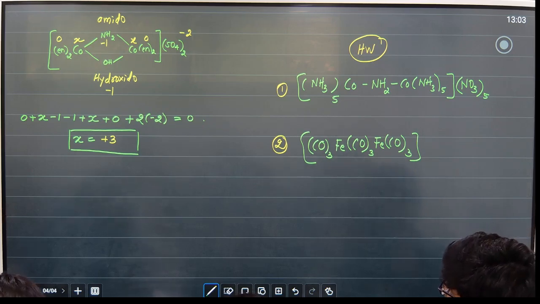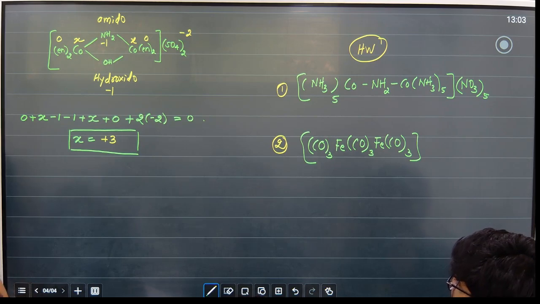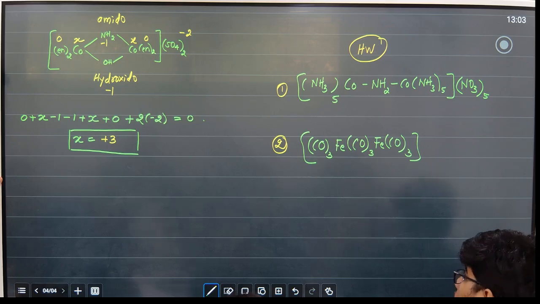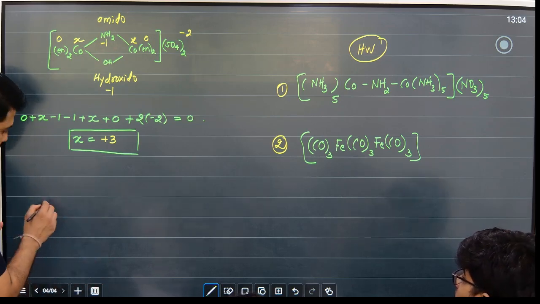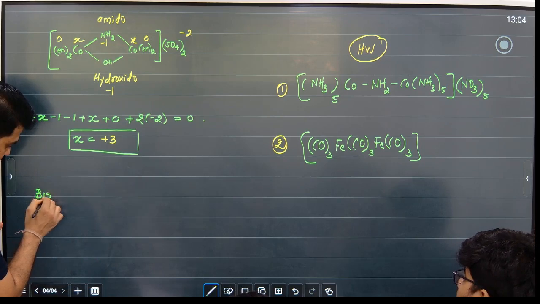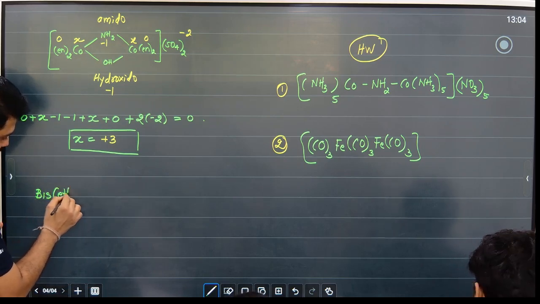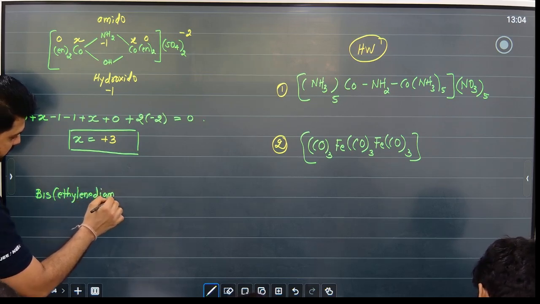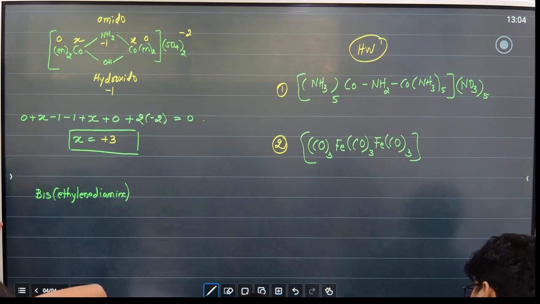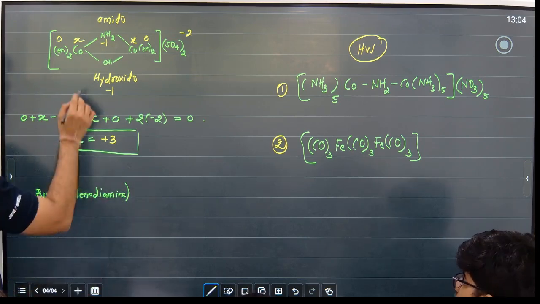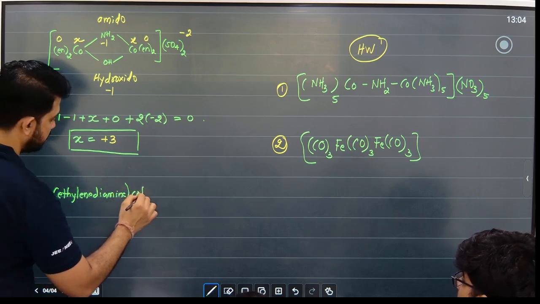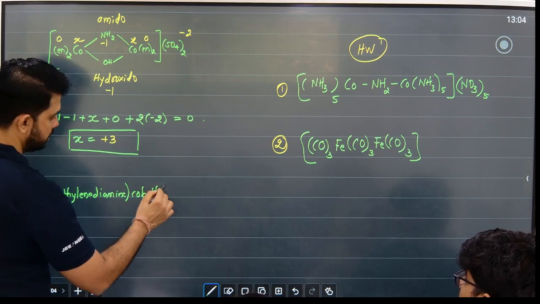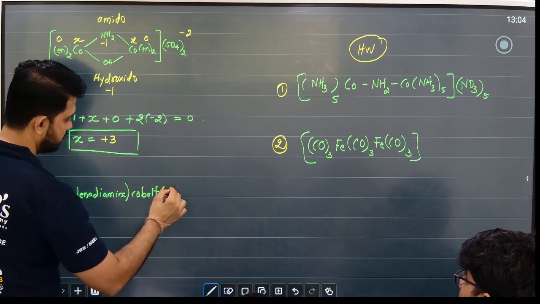Okay, let's write the name. We start from left. What do you see on the left first? How many? So bis ethylene diamine, then cobalt. Charge on cobalt?